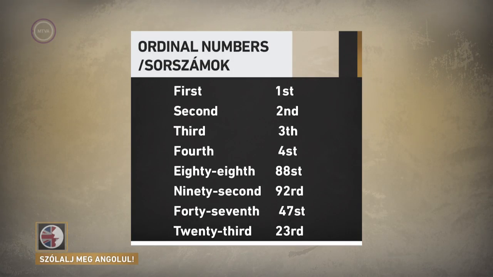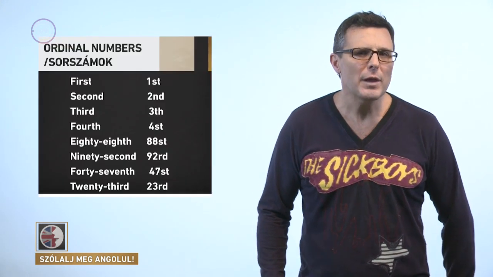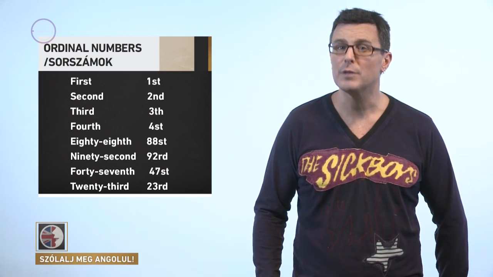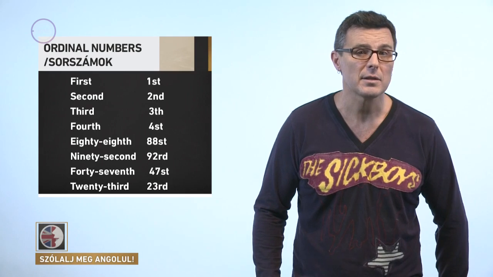Have a quick look at these written ordinal numbers and see if they're correct. Okay, so what do you think? Well, with the first one, first, the last two letters of the word first are what?